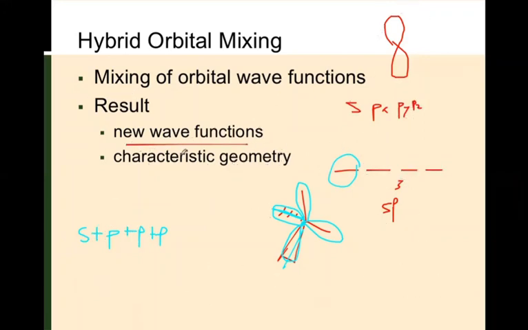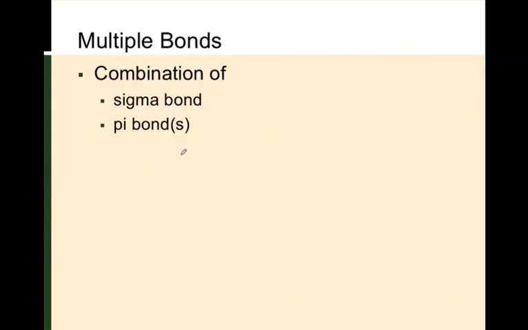So that's what this means by new wave function. It just means that we have new mathematical equations, we have new shapes in space. If you plot out the graph of the equations, you end up with a 3-dimensional shape and some characteristic geometry.